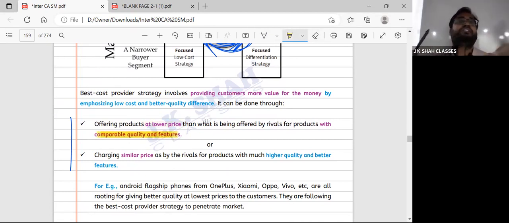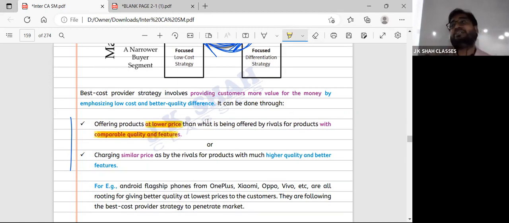You remember both were having same features, same metal body, same pen, everything, same features. Rahul was selling at 100 rupees, Arman was selling for 80 rupees. You chose Arman. Why? Lower price. Offering products at lower price with comparable quality and features.